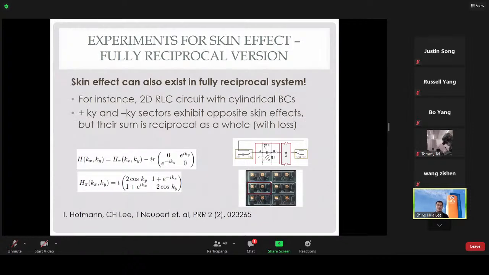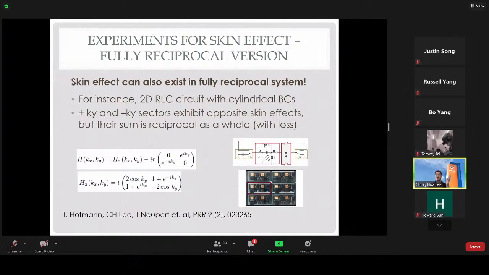So I also have to mention that this non-Hermitian skin effect is not just restricted to non-reciprocal systems per se, in the sense that if you were to combine two different non-reciprocal systems that are equal and opposite, and change the basis, it's possible to get something that's reciprocal but still has a bulk boundary correspondence breakdown.